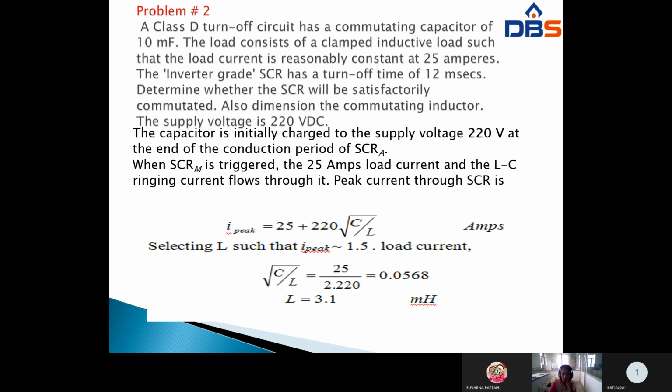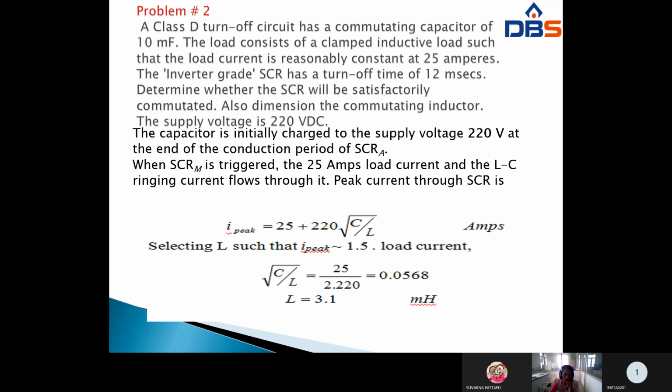Here the capacitor is initially charged to the supply voltage of 220 volts at the end of the conduction period of the auxiliary SCR. When the SCRM is triggered, the 25 amps of load current and the LC ringing current flow through it.